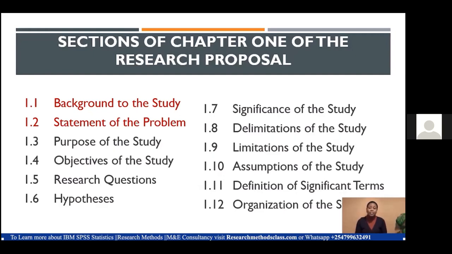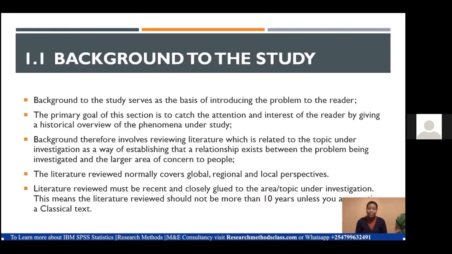Other institutions have the purpose of the study as the general objective of the study, and then delimitations as the scope, and some may even bring the conceptual framework in chapter 1. So that is why we are saying, please follow your discipline, but the components and their explanation are done in this lecture. So we start with the background to the study.